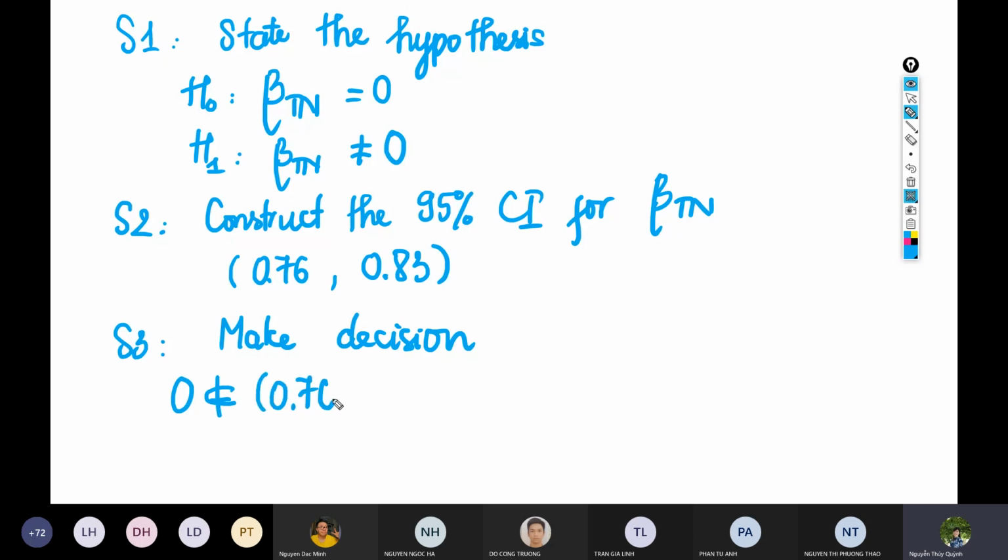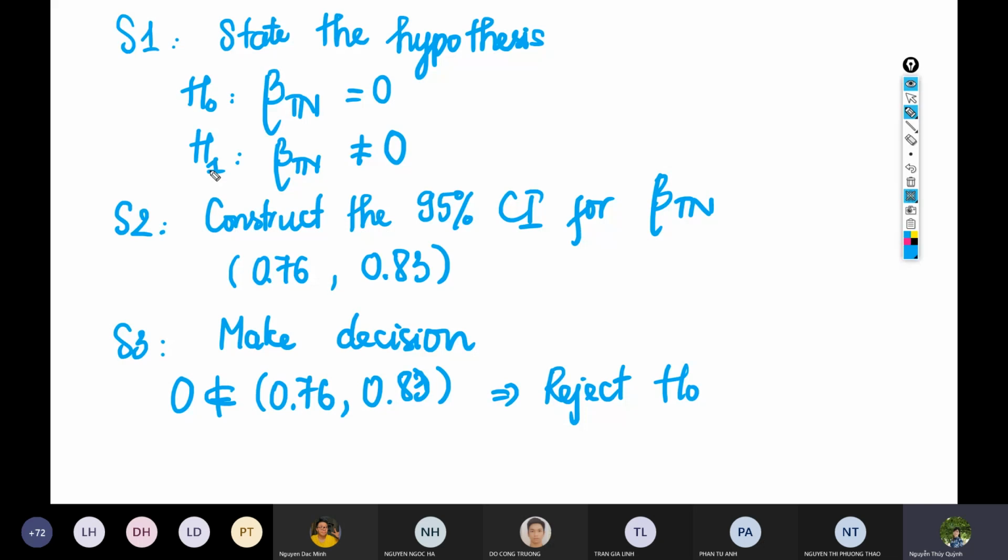Then do we reject or not reject H0? We reject H0, and as we reject H0, we have more evidence to support the alternative hypothesis.